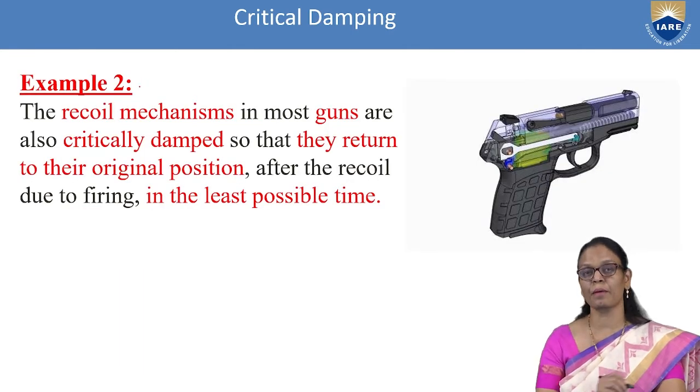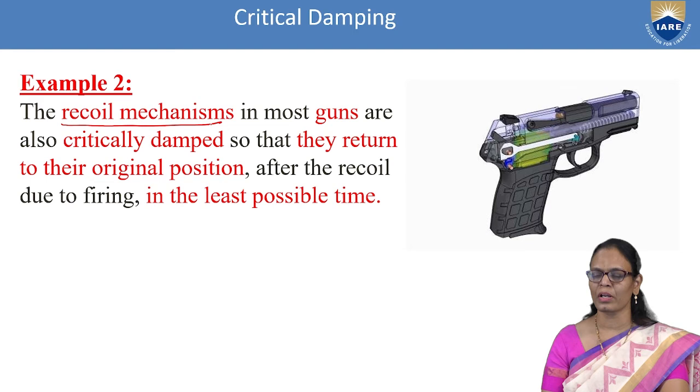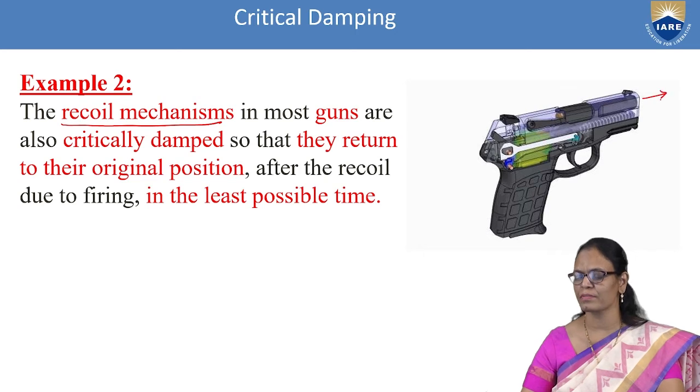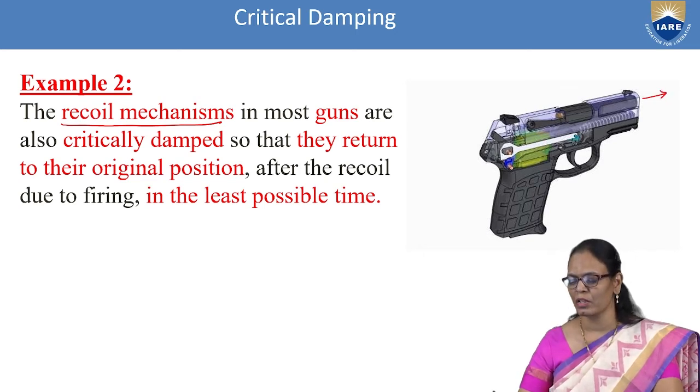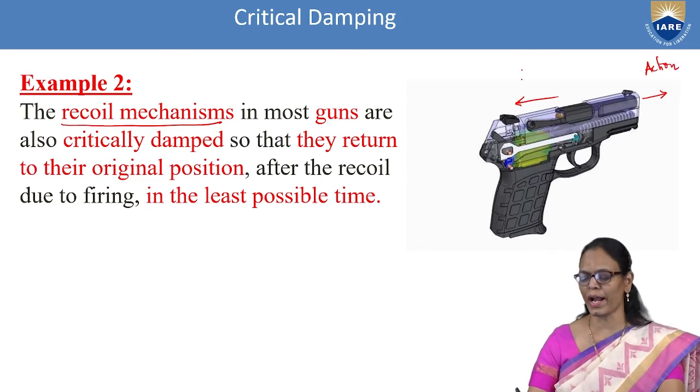Now if you see example 2, we are talking about the recoil of a gun. What is this recoil mechanism? You all must know about the recoiling of a gun. When a bullet is fired from the gun, the gun will recoil back. You must have studied it under Newton's third law of motion: for every action, there is always an equal and opposite reaction.